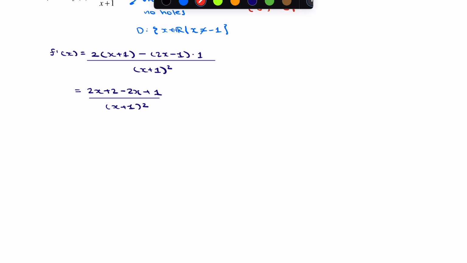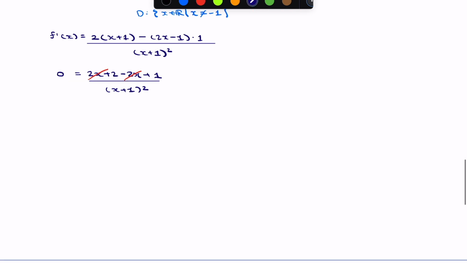So here we see that the 2x and the negative 2x can cancel out. And here we'll make it all equal to 0. So here we have 0 is equal to 3 over x plus 1 squared. Multiply that over. 0 is equal to 3.